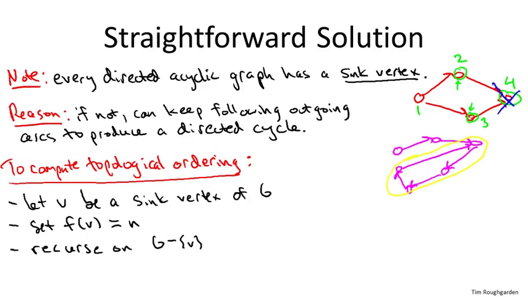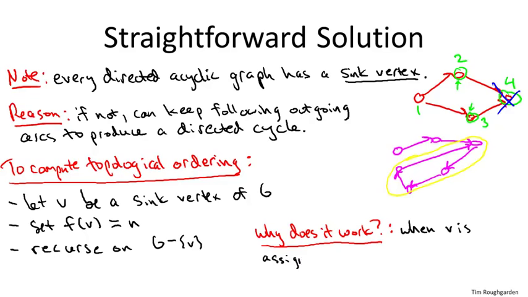So the second thing we have to argue is that we really do produce a topological ordering. So remember what that means. That means for every edge of the graph, it goes forward in the ordering. That is, the head of the arc is given a position later than the tail of the arc. And this simply follows because we always use sink vertices. So consider the vertex V, which is assigned to the position I. This means that when we're down to a graph that has only I vertices remaining, V is a sink vertex.